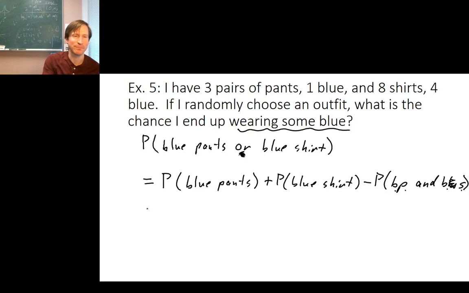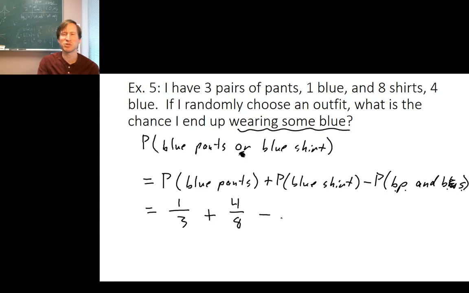Okay, so let's think about the probability of blue pants. So I have 3 pairs of pants and only one of them is blue, so this should be 1 pair of blue pants out of 3 pairs total, plus the probability of a blue shirt. So I have 4 blue shirts and 8 shirts total. So there's a 4 over 8, or 1/2, chance of getting a blue shirt.